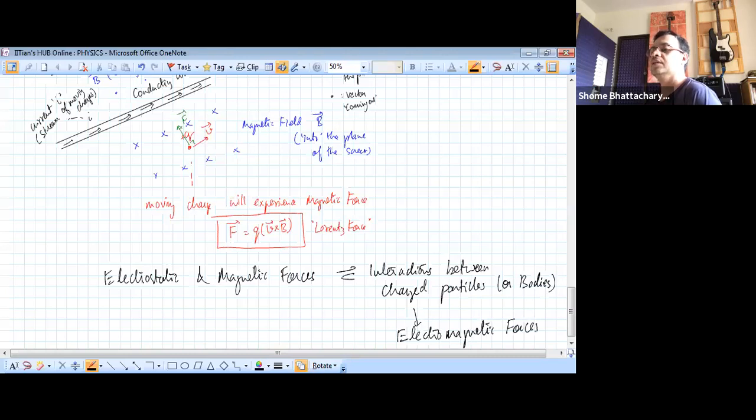Only magnetic is when they are in motion, and electrostatic is when they are static or at rest. But cumulatively it is the effect of charge, and that's why they are called electromagnetic forces. And that is the second of the four fundamental types of forces.